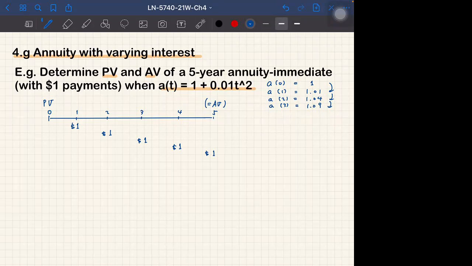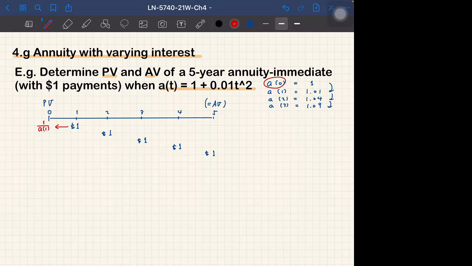Then, okay, so we want to calculate the present value. So what's the present value of $1 at time 1? The present value is 1 over A(1), right? Because the A(0) at time 0 is worth A(1) at time 1.